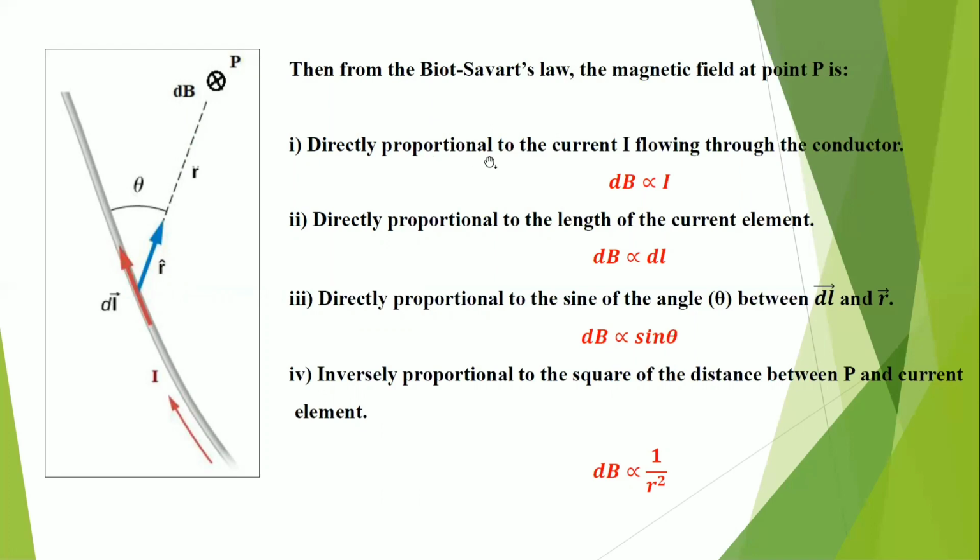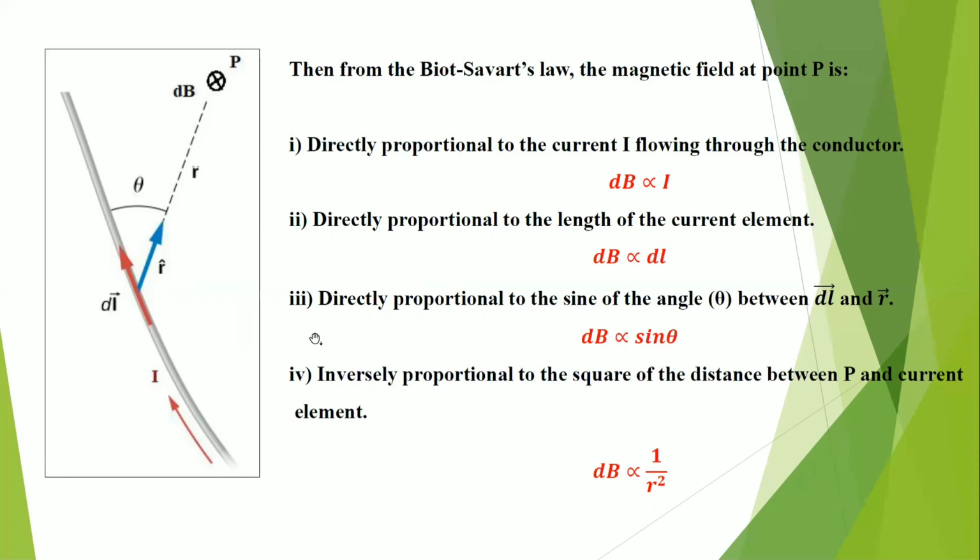First of all, these four propositions were made. The first one is that the magnetic field at the point P is directly proportional to the current I, which is flowing through this conducting wire. The second proposition says that the magnetic field at the point P is directly proportional to the length of the current element, which is dl.